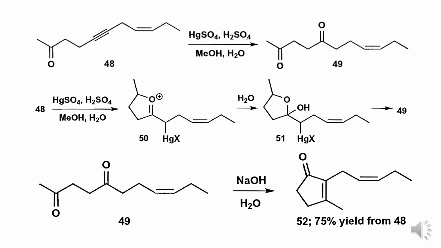The involvement of the ketone in the intermediate, structure 50, shows why water adds to one end of the alkyne and not the other side. We may have already seen above how cis double bonds in molecules of this sort can be made from alkynes, and so both main uses of alkyne appear in this slide.